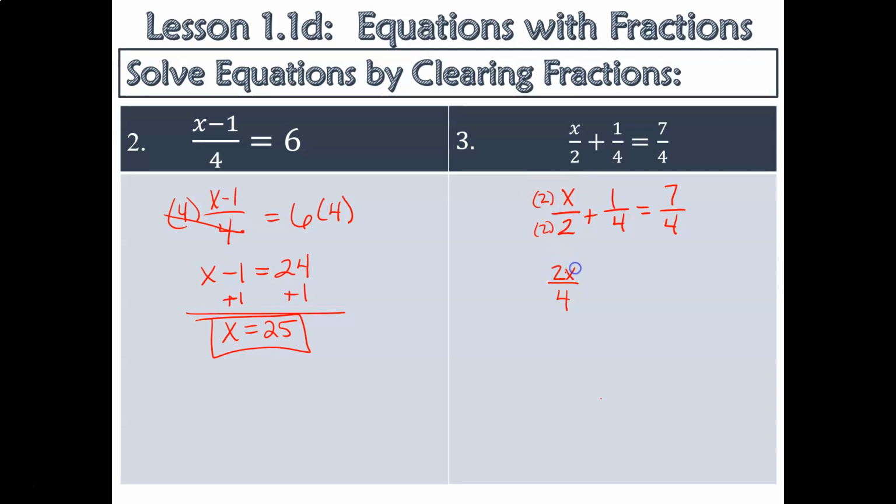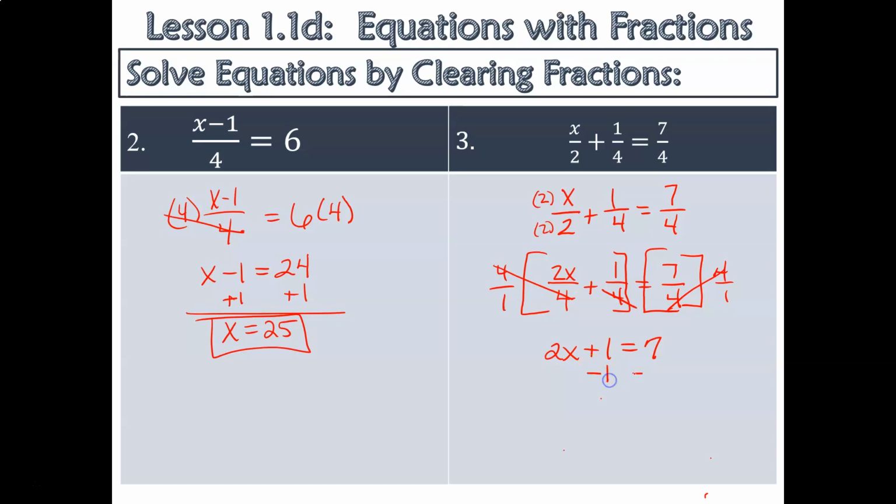So now I have 2x over 4. And if I multiply everything by the denominator, or 4 over 1, then it cancels out all of the denominators. So I'm left with 2x plus 1 equals 7. A lot less mess than with those fractions.